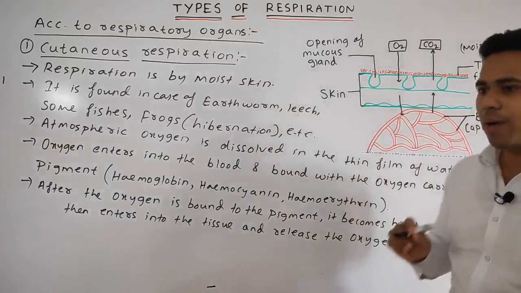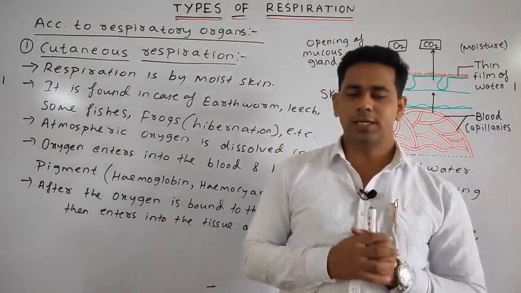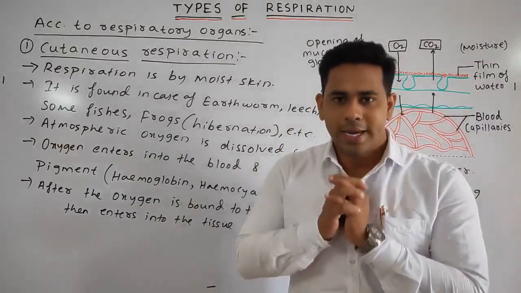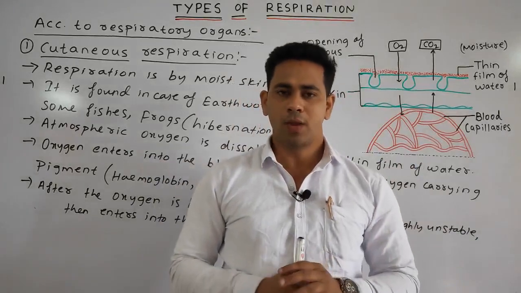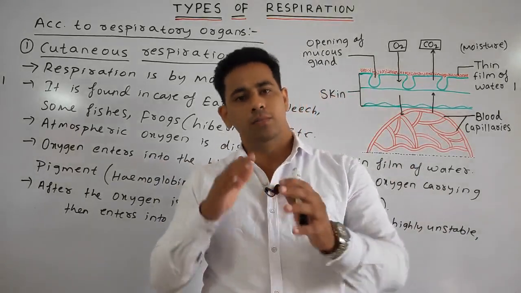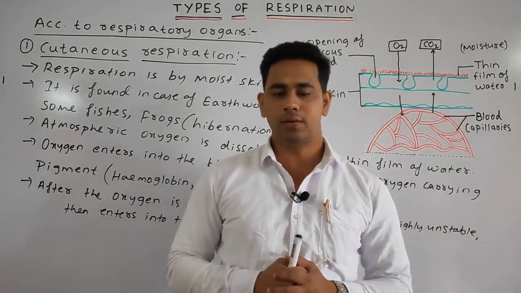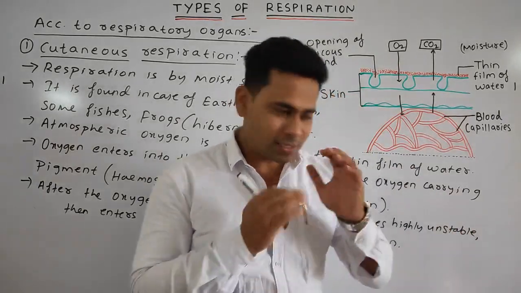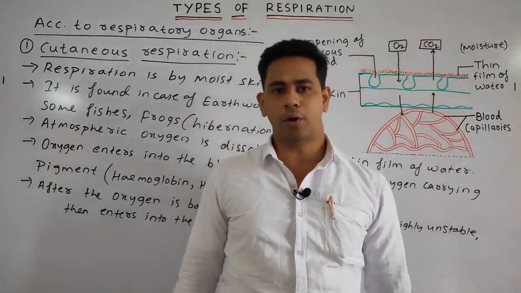As soon as it binds, it becomes highly unstable. As soon as it becomes highly unstable, it enters into the tissue and releases the oxygen. Oxidation takes place, by which the carbon dioxide is produced as a byproduct, and in a similar way the carbon dioxide is also eliminated from the body.